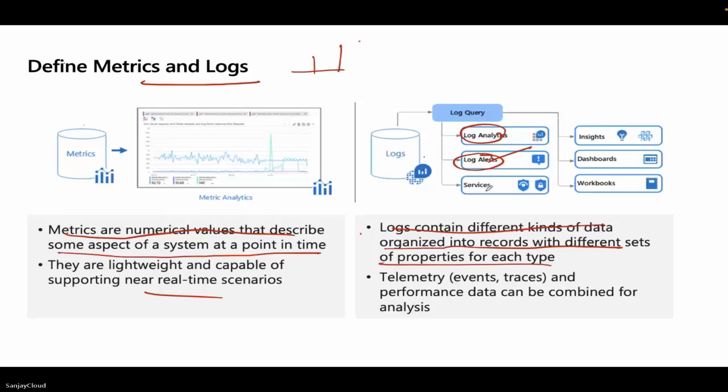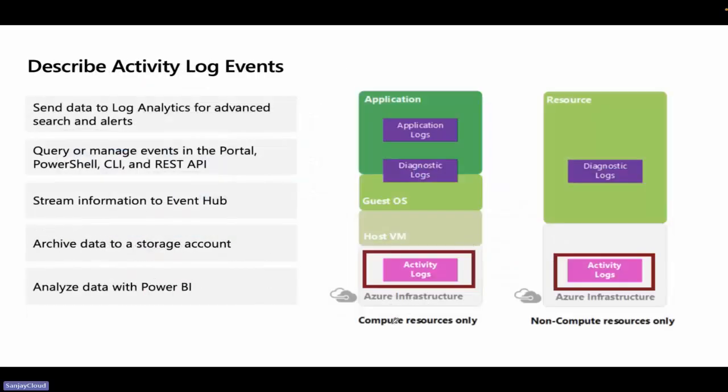And we can visualize using Insights, dashboards, workbooks, or we can create Power BI dashboards. Telemetry like event, trace, and performance data can be combined for analysis, where you can analyze data collected from different sources.